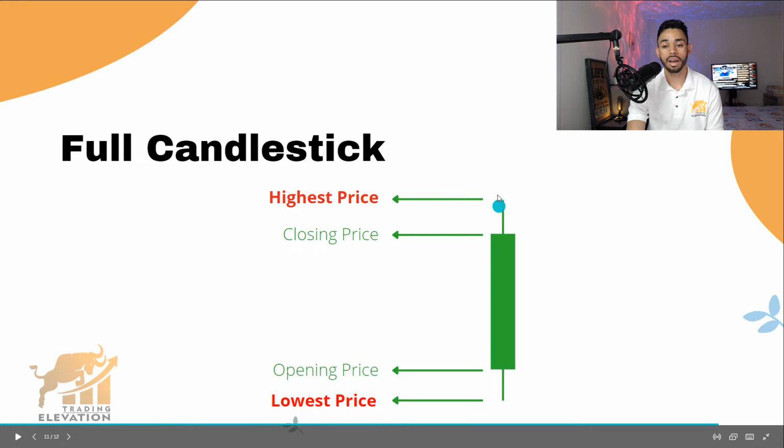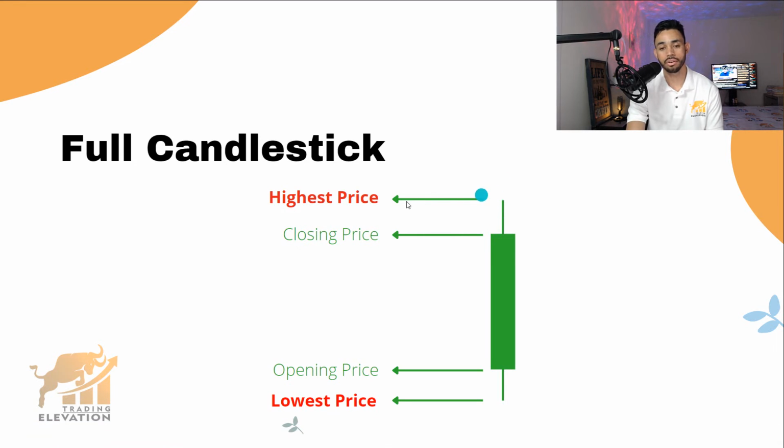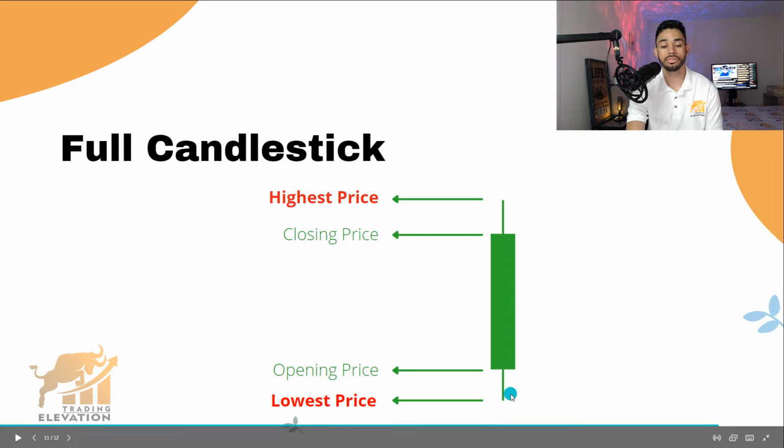So simply, the upper wick or the upper shadow is the highest price that in the formation of this candle took place. So simply, price movement reached this very high point. And also, we have a lower wick. So simply, the lower wick is an indication that this was the lowest that the price movement in this candle took place.